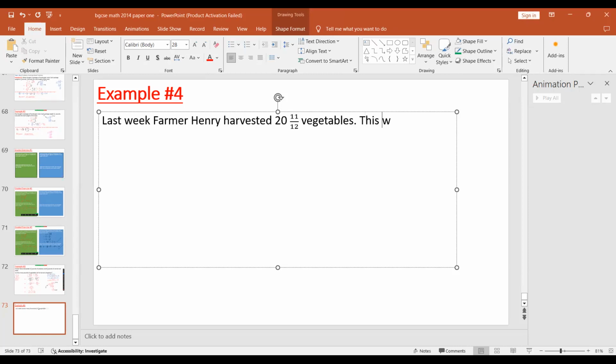This week, he harvested 23. We could say 23 pounds of vegetables. This week, he had harvested 23 pounds of vegetables.